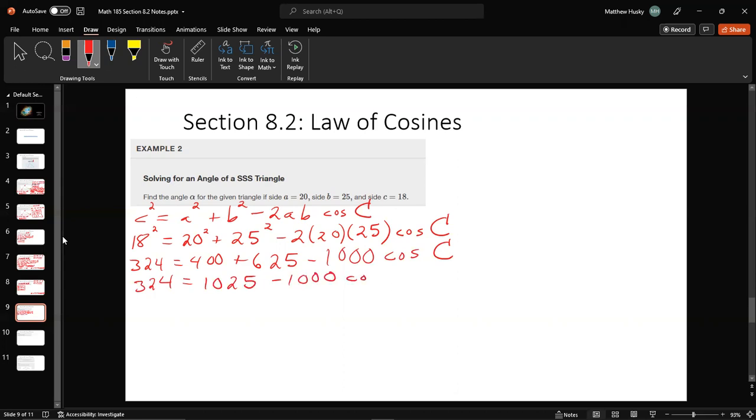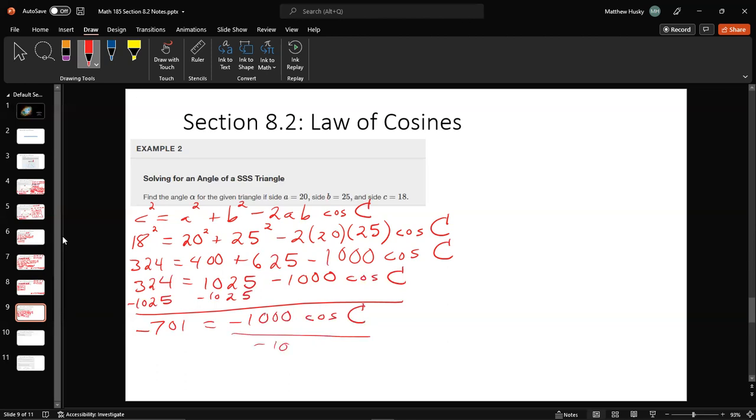Don't get too comfortable though, because we're going to need to subtract that number. Do 324 minus 1025. What is that? That is negative 701. Right on, there you go. Negative 701 equals negative 1,000 cosine of C. And then what? We're multiplying by negative 1,000. Why don't we divide by negative 1,000? That sounds like a plan to me. And fun fact, I can actually do that in my head.